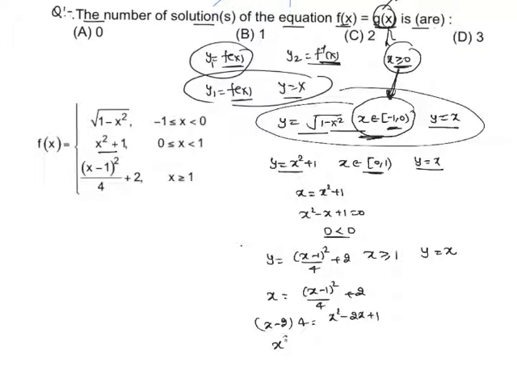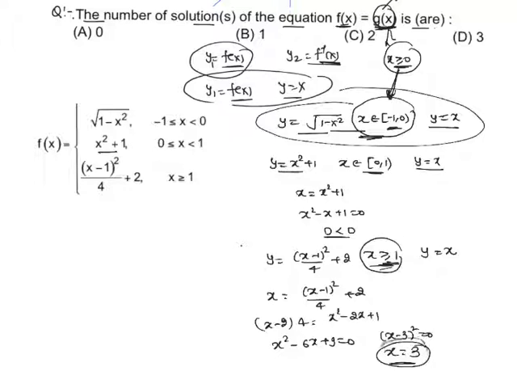So from there, if I simplify, x square minus 6x plus 9 equals 0, (x minus 3) whole square equals 0, we will get x equals 3. And we know x equals 3 lies in the interval x greater than or equal to 1, and x equals 3 is also possible for g of x. So 3 will lie in the domain of g of x as well as in f(x).